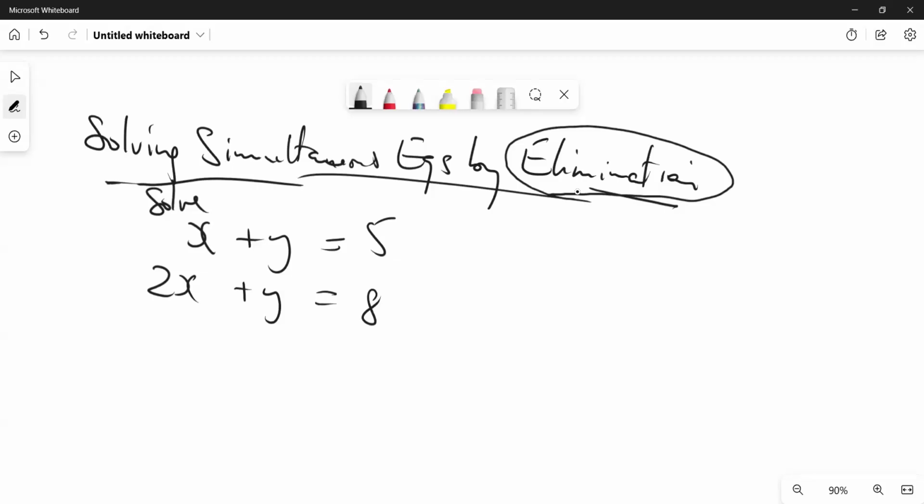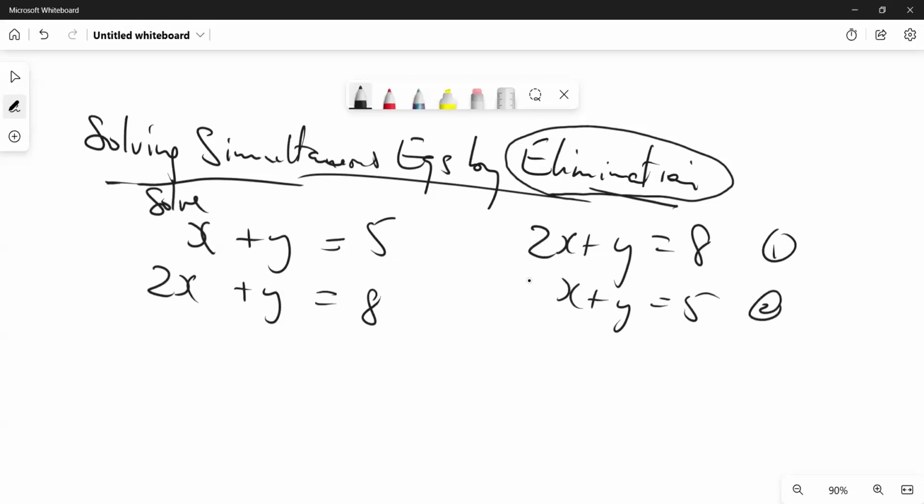So let's take this one. I'll put this one on top: x plus y equal 5. Name this equation 1, name this equation 2.